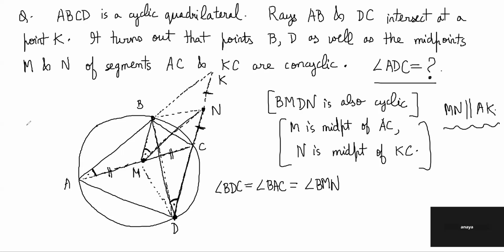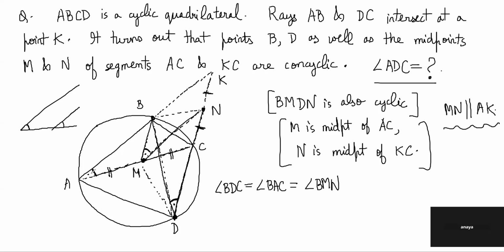Again, that's wrong. Sorry, KAM is going to be equal to NMC, and AKN is going to be equal to MNC, like corresponding angles.